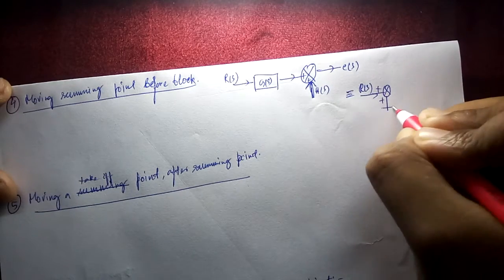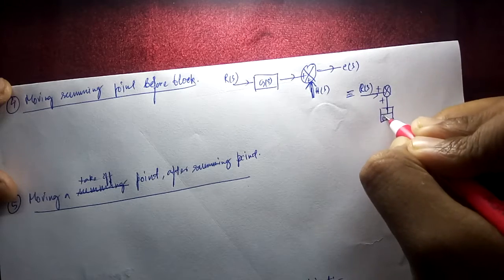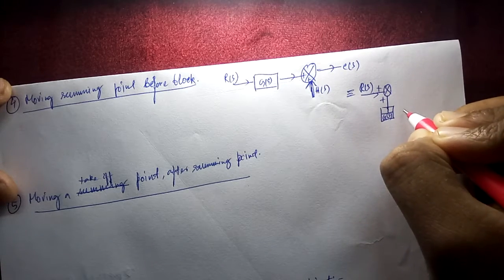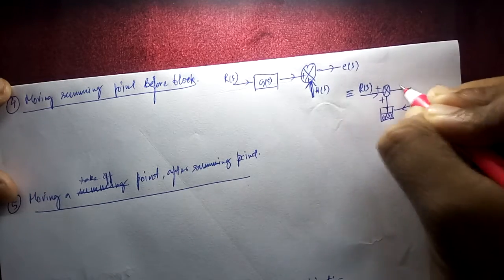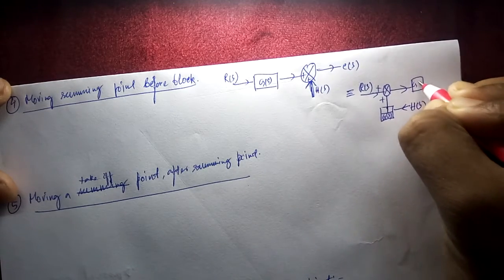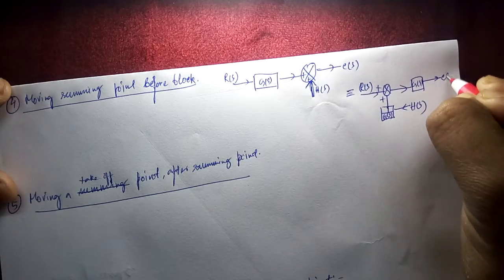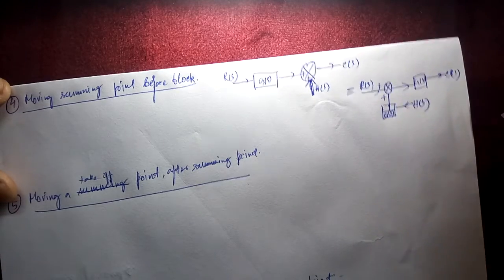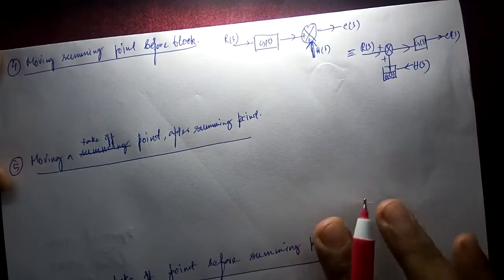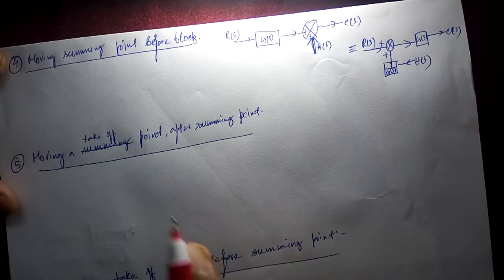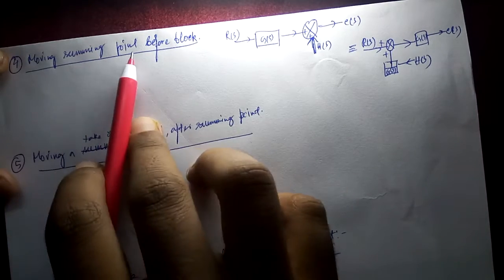Plus plus, we have to divide with GS, meaning multiply with 1 by GS. Then it is going to GS and we are getting the output. You will understand it very easily if you have understood the previous one, which is moving a summing point after the block.